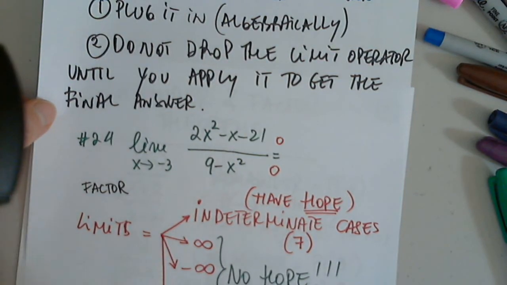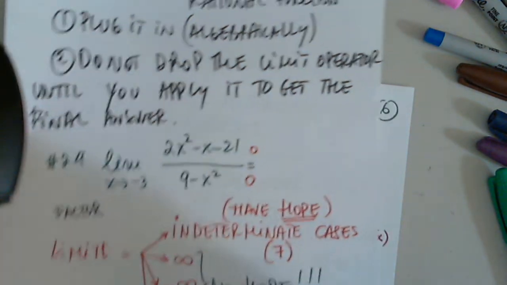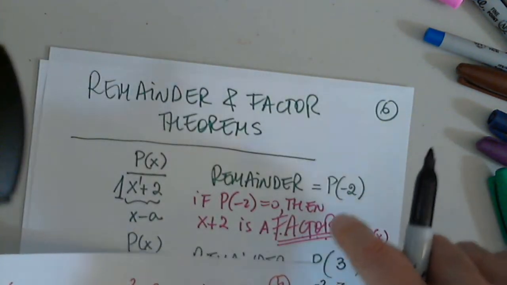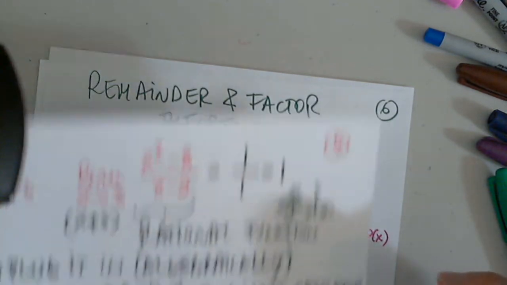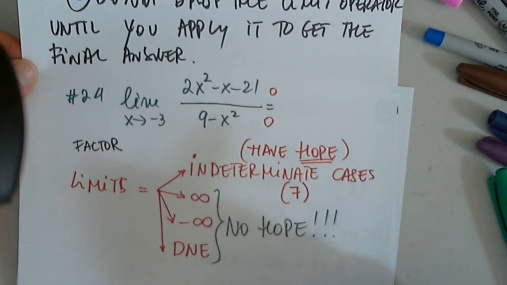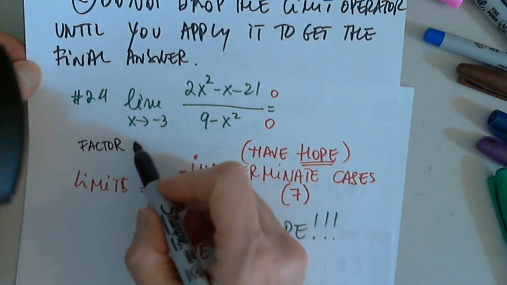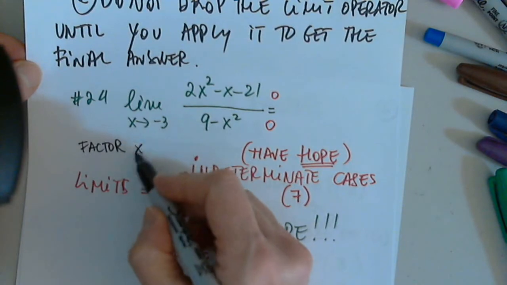What is the factor? If I plug in x equals -3, that's what we did. When I plugged in -2, the factor was x plus 2. So what is the factor that must go away from the top and from the denominator for sure? X plus 3. Thank you very much.